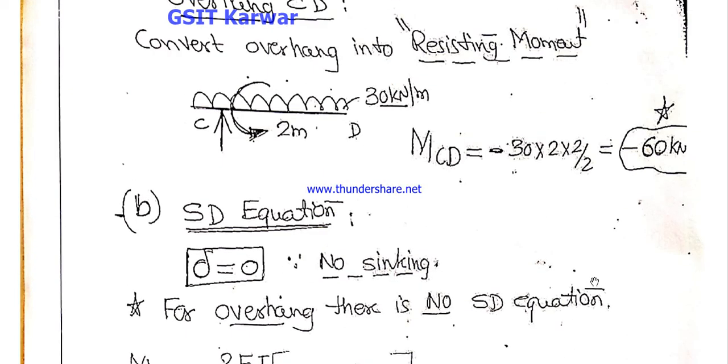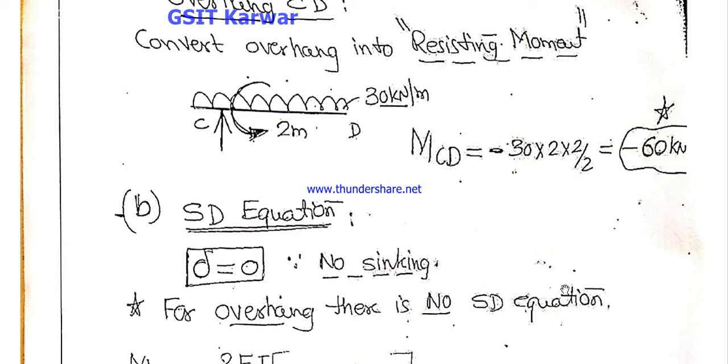And next, by using the slope deflection equation, we are going to formulate the equation, and by using that equation we are going to calculate the theta values, that means slope values.